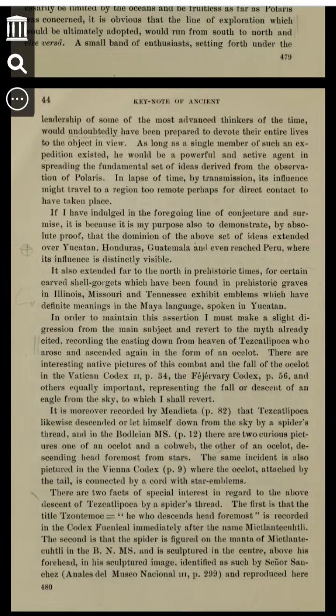If I have indulged in the foregoing line of conjecture and surmise, it is because it is my purpose also to demonstrate by absolute proof that the dominion of the above set of ideas extended over Yucatan, Honduras, Guatemala, and even reached Peru, where its influence is distinctively visible.